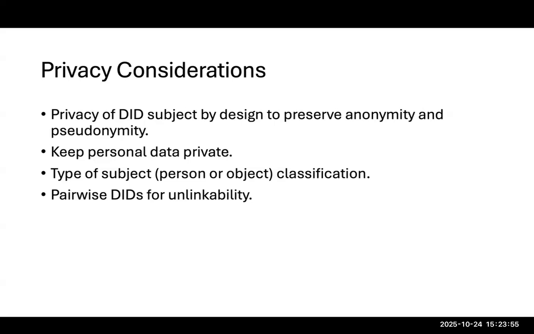That's why, for example, I can use different DIDs with different verifier systems. Essentially because if I, for example, use the service of system A and of system B, if they collude and exchange information, they can link me.